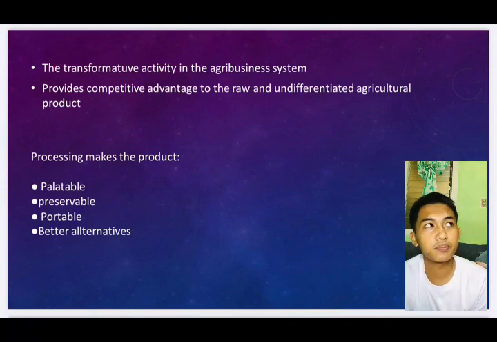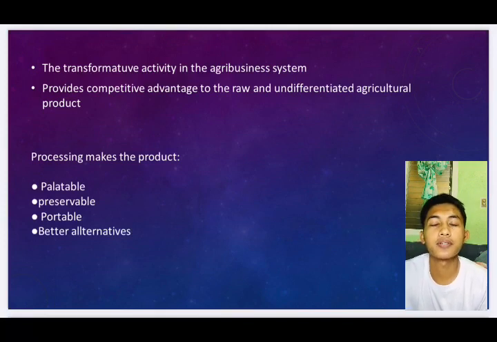It provides competitive advantage to raw and undifferentiated agricultural products. That's why a processed product is already in a highly differentiable form, meaning it can be differentiated in the eyes of the customer.